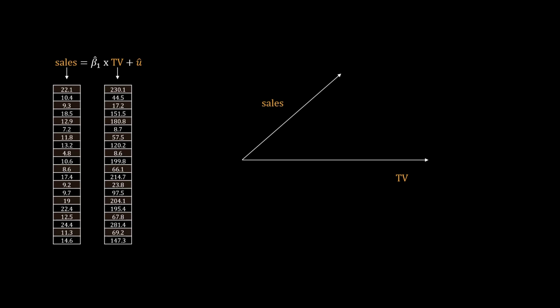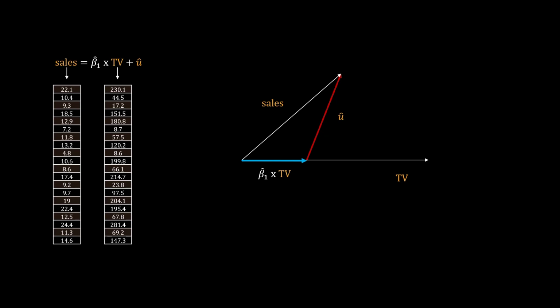If we look at the right side of the equation, the first term is beta 1 times TV. It simply means that we are scaling the TV vector by beta 1. The second term is whatever we need to add to this to make the resultant vector match sales. This is given by this joining vector.